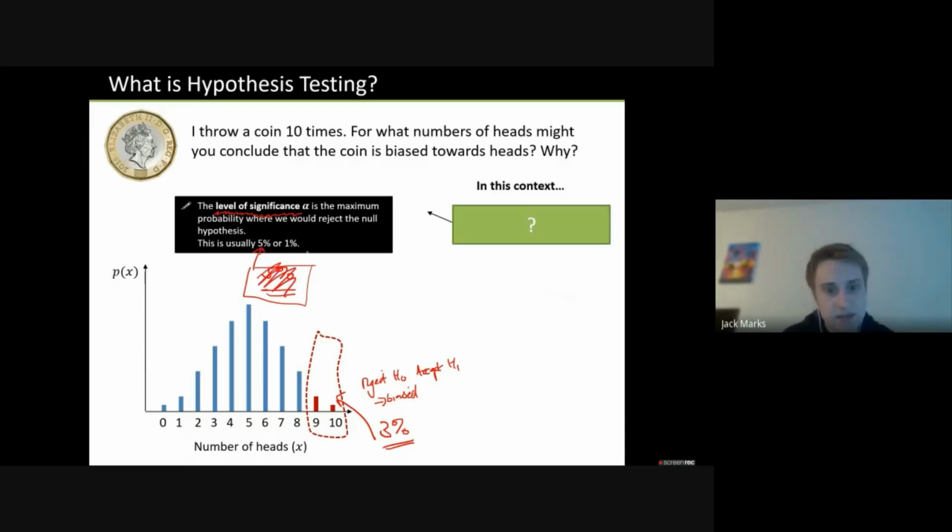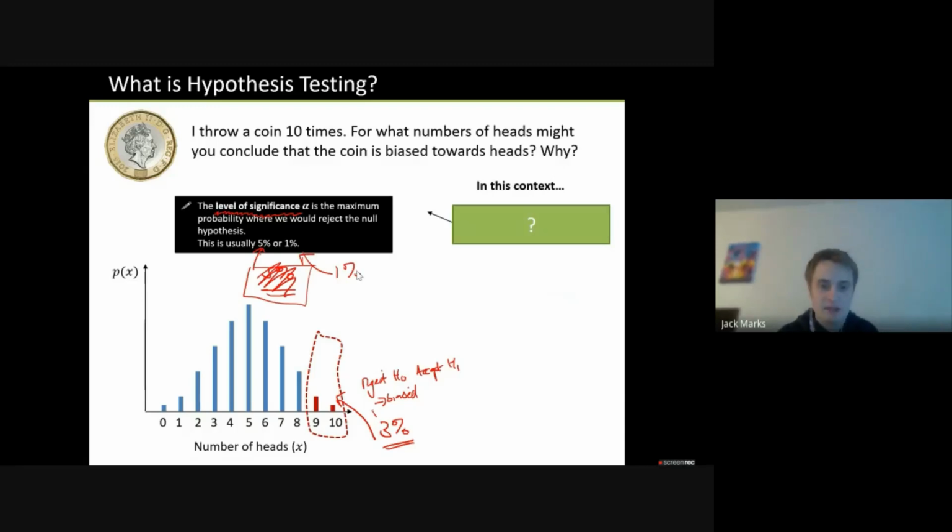If instead of 5%, I used 1%, it means that my tolerance for just sort of getting lucky is quite different. This number has to be less than this number here for me to reject it. So because it no longer is, I would change my answer.